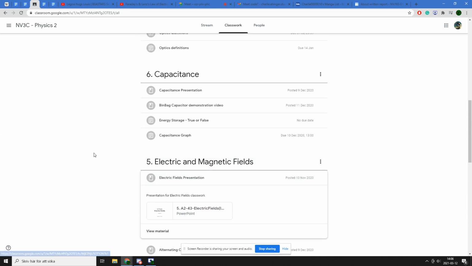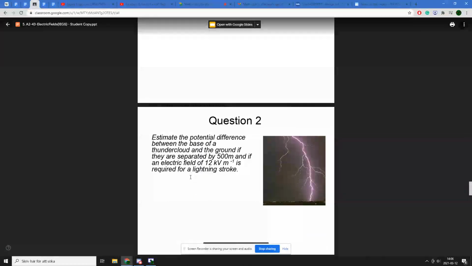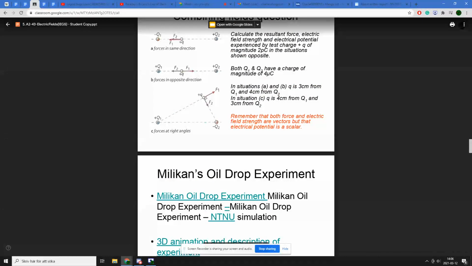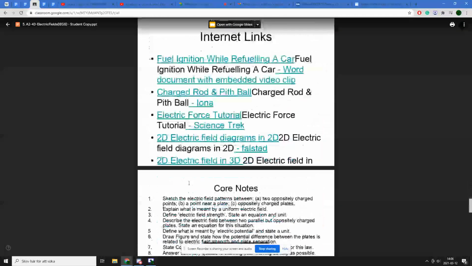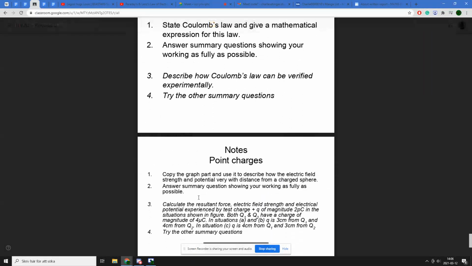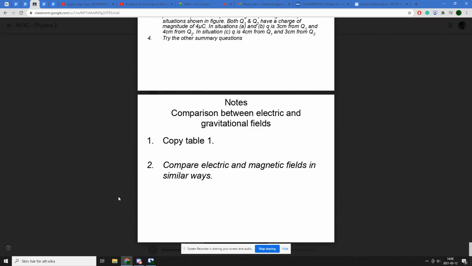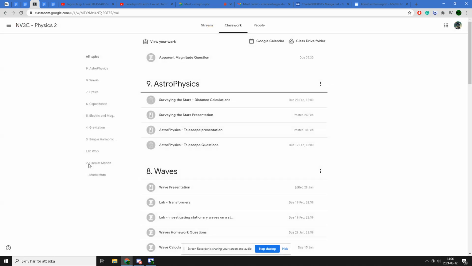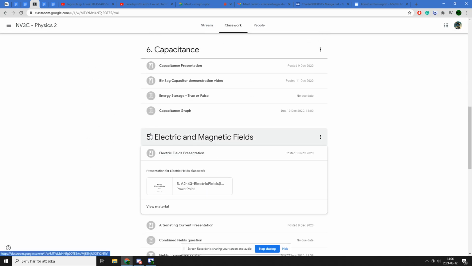Point charges, Coulomb's law. No, the questions came from the textbook I used for this course. Internet links. No, they don't work either.